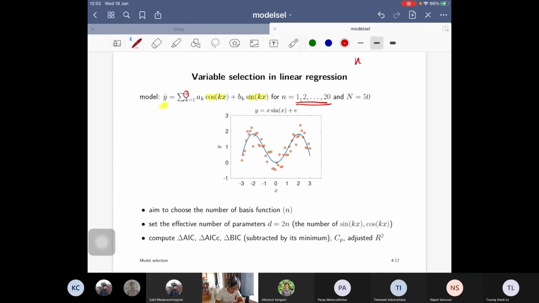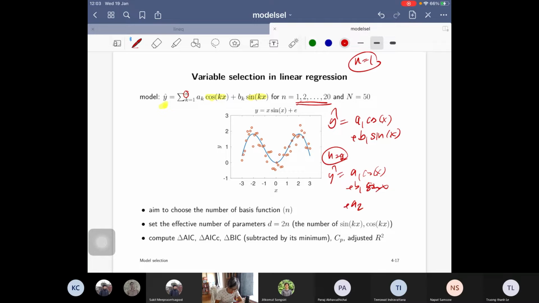Which means when n is 1, I use only a single frequency, and I explain y on the basis of sine and cosine. If my n is 2, I use 4 terms.